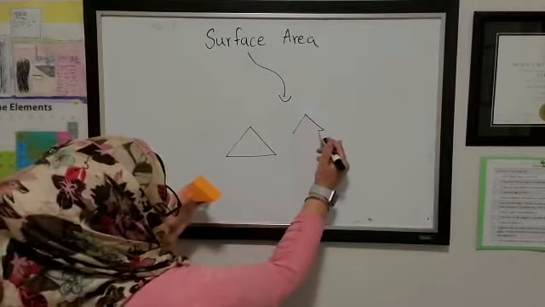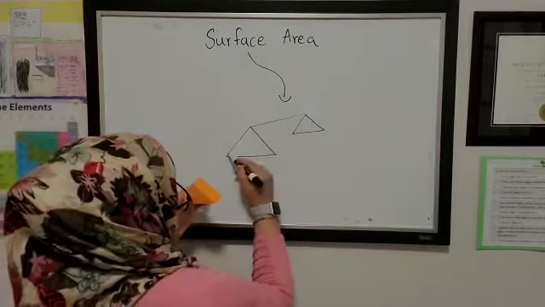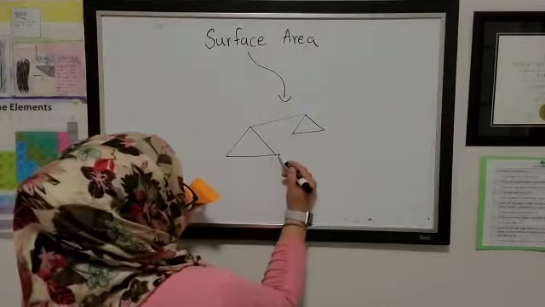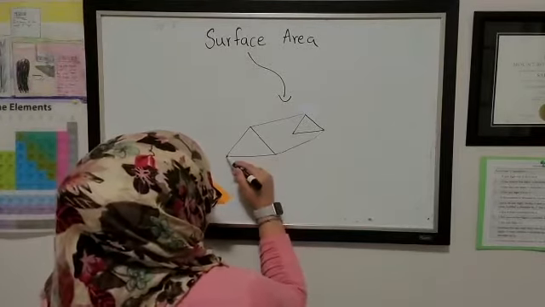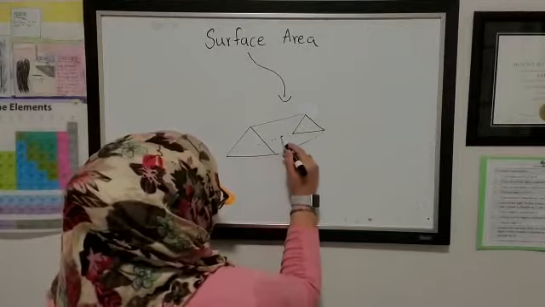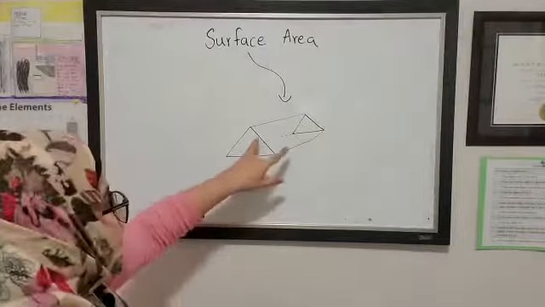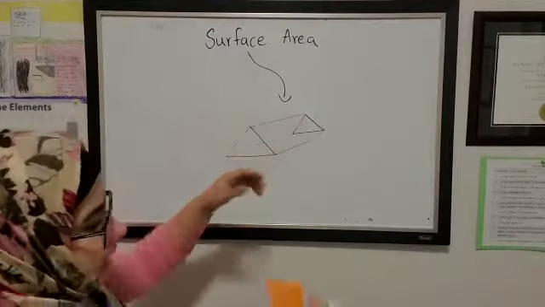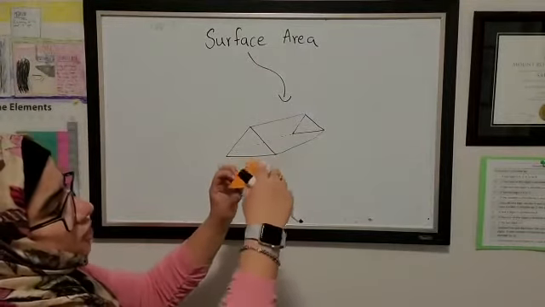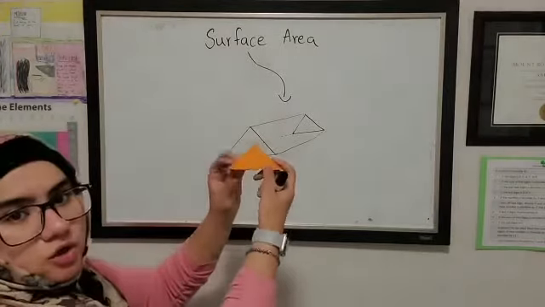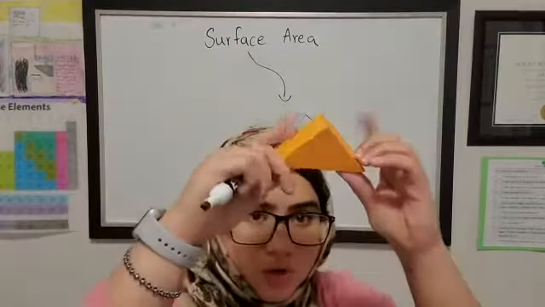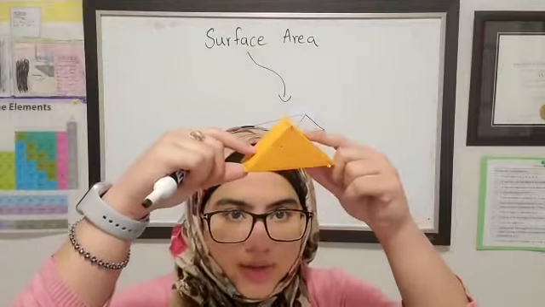All right, so this is my triangular prism. We have 2 triangular faces and 3 rectangular faces. These 2 rectangular faces are identical, this one and this one.